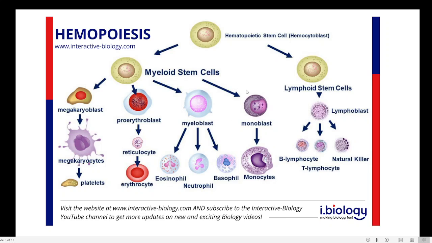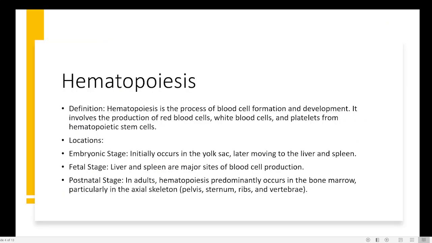But there is only one possibility for lymphoid stem cell, that will be only forming lymphocyte. So different types of lymphocytes are there, B cells and T cells and natural killer cells. So this is how hematopoiesis or hemopoiesis takes place.